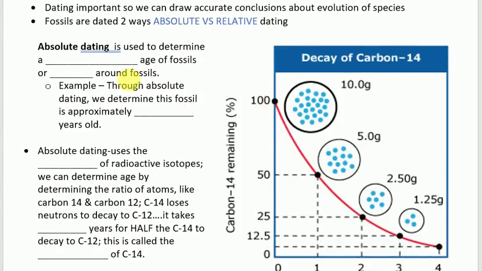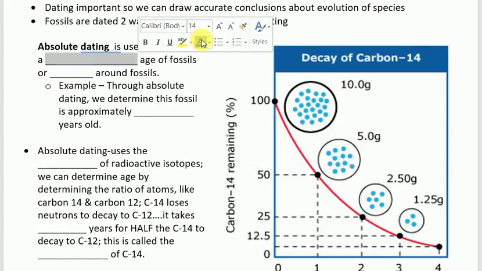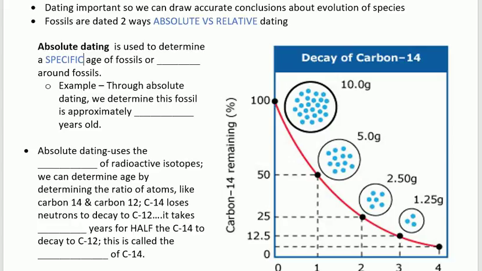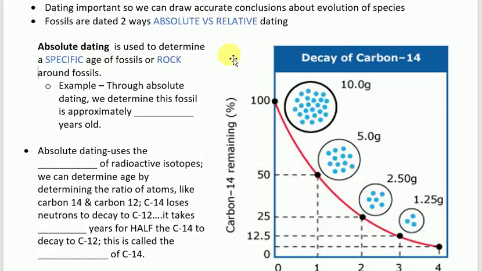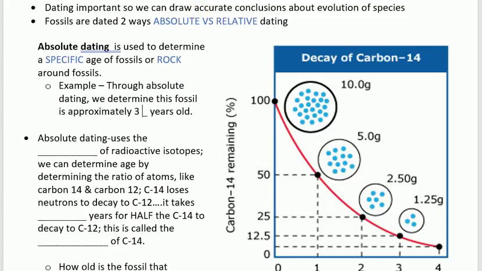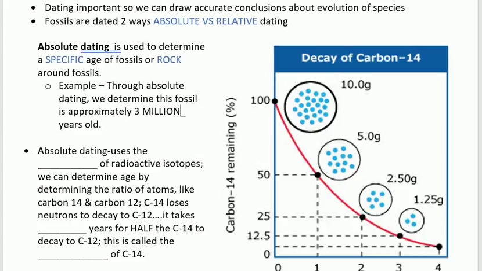So absolute dating is used to determine a specific age of fossils or rocks around fossils. So for example, through absolute dating, we can determine that this fossil over here on the right is approximately 3 million years old.